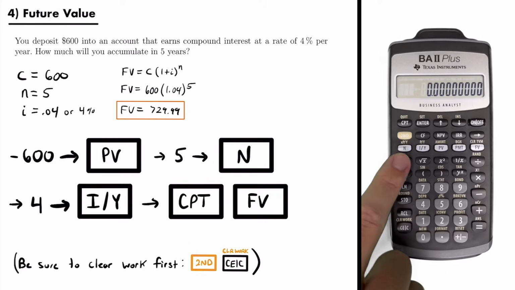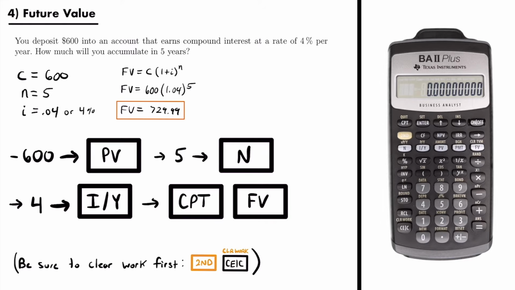So if my value of N in my calculator is going to be measured in years, like it is right here, then I want to make sure that the interest rate that I put in for I/Y is a yearly rate. All right, and so in this case, that interest rate would be 4%. Okay, and so our initial deposit of $600, that is going to act as our present value, right? That is the amount deposited today that we want to know the future value of in 5 years.